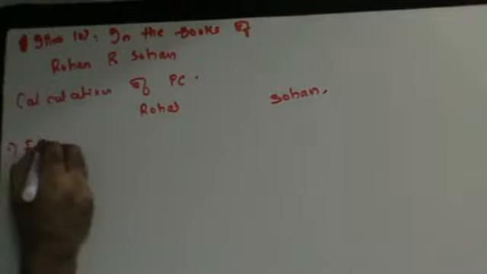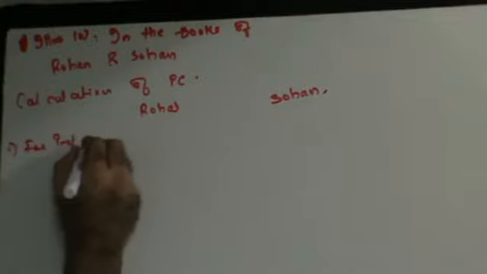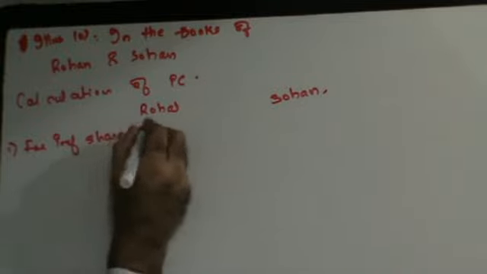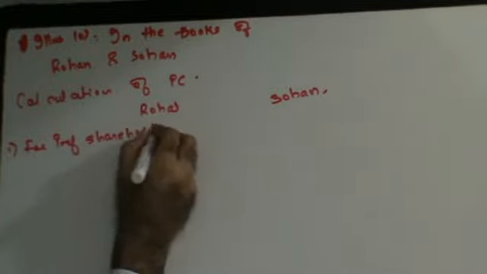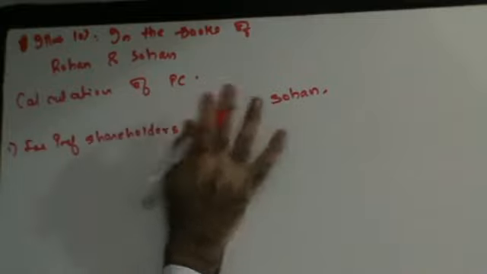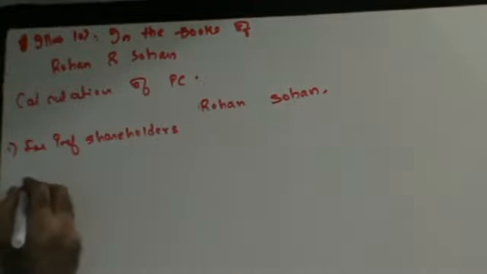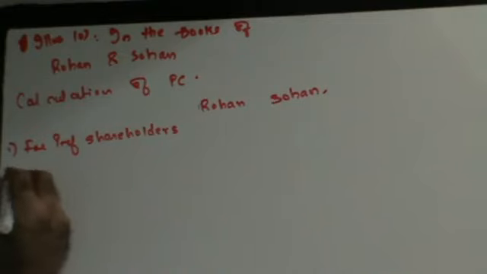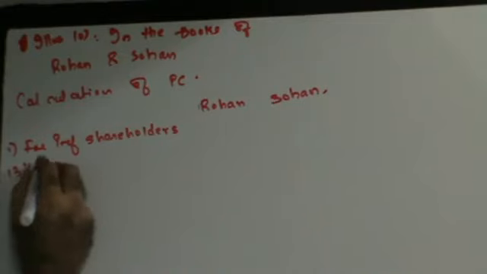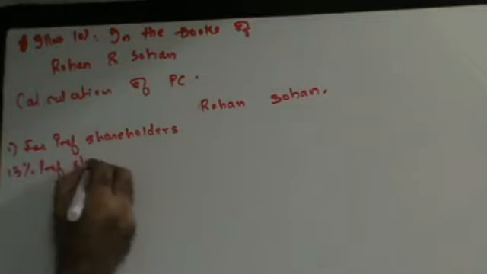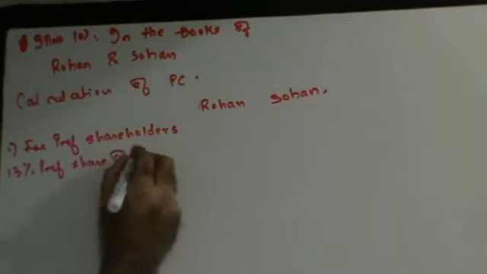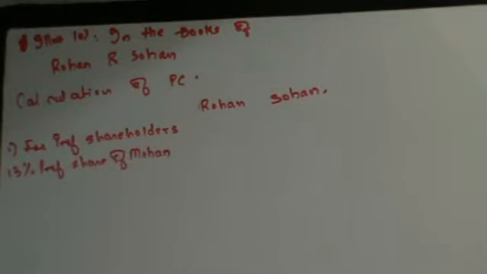So, for preference shareholders, 9% preference shareholders of both the companies are to be issued 13% preference shares of Mohan at 125.